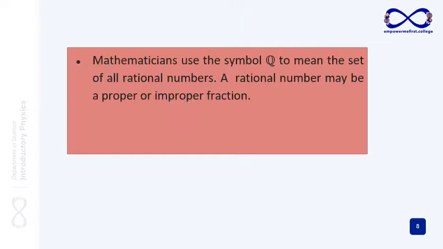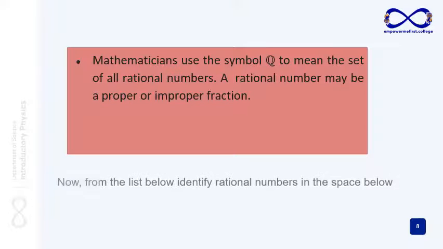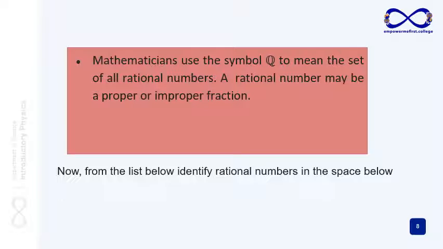When dealing with rational numbers, mathematicians use the symbol Q to mean the set of all rational numbers. A rational number may be a proper or improper fraction. I have a list below, and I want you to identify rational numbers in the space below.